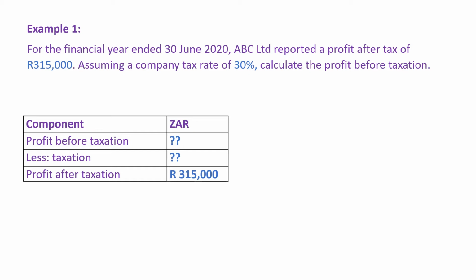If we insert the data in a table, you would notice that profit after tax of 315,000 is provided. Usually you would calculate the profit before tax, subtract the tax, and then arrive at profit after tax. But in this case, it's fairly simple.